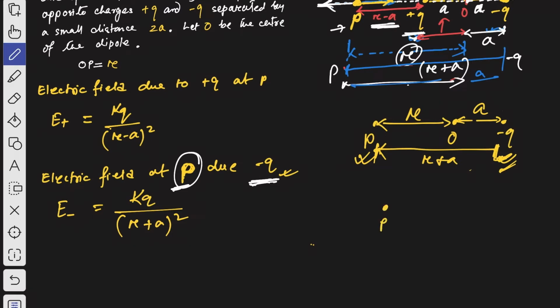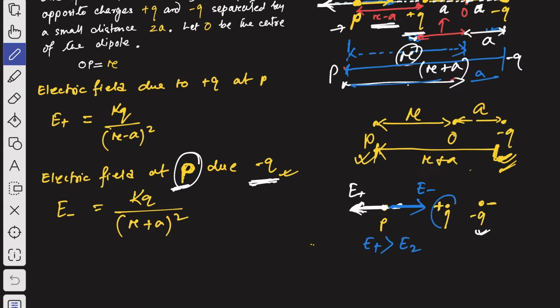So here, as you can see, this is the point P, this is the positive charge Q, and here is the negative charge Q. The positive charge Q is closer to point P compared to the negative charge Q. So the electric field due to the positive charge at P, that is E plus, will be greater than the electric field due to the negative charge at P in the opposite direction, that is E minus.